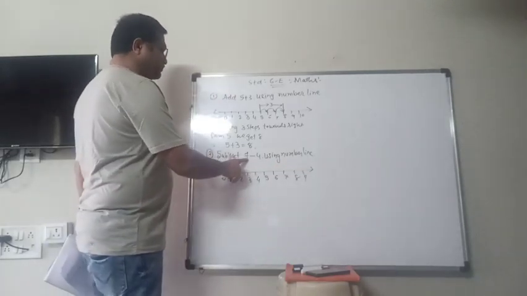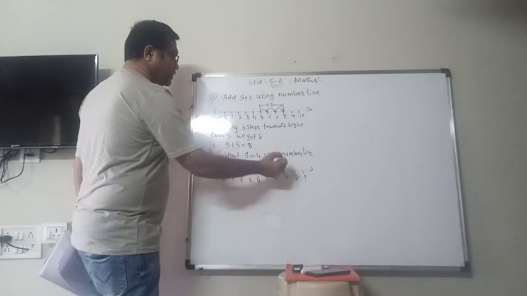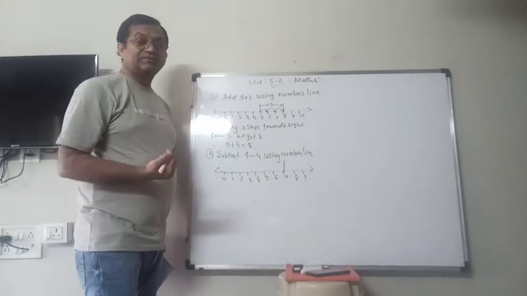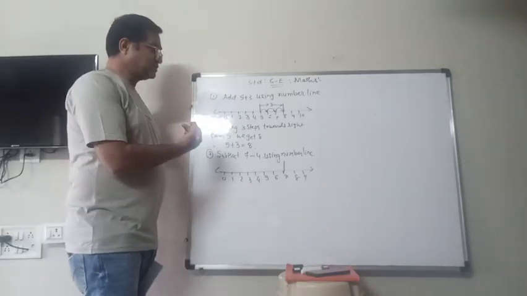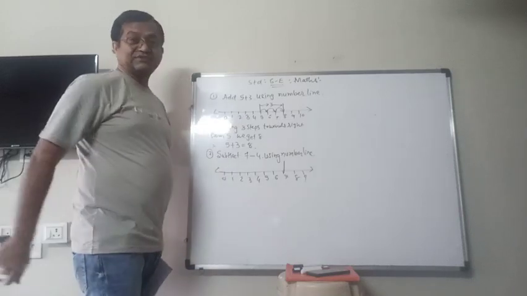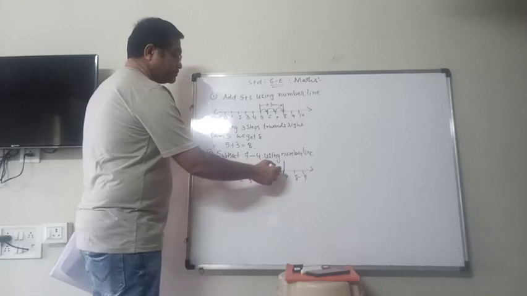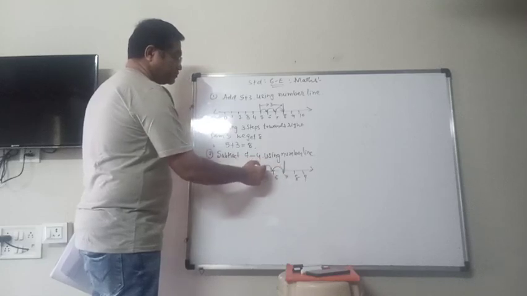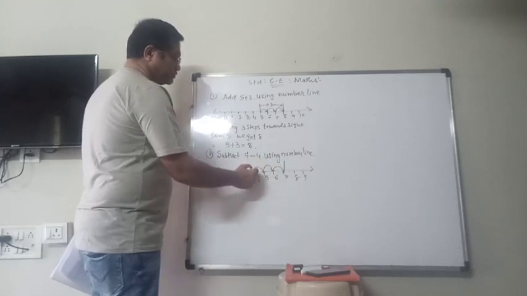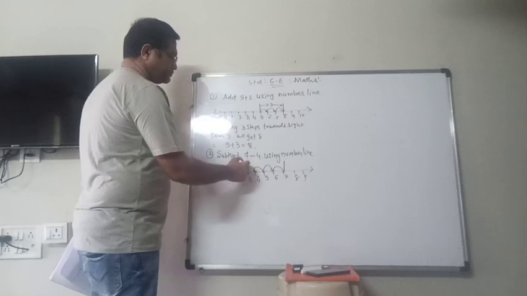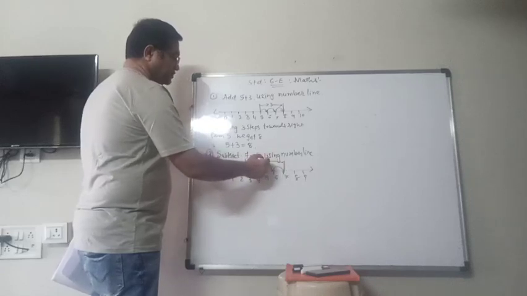Now we have to start from 7. And when we are subtracting, we move towards left side of the 7. How much? 4. So 1, 2, 3 and 4. And this direction.